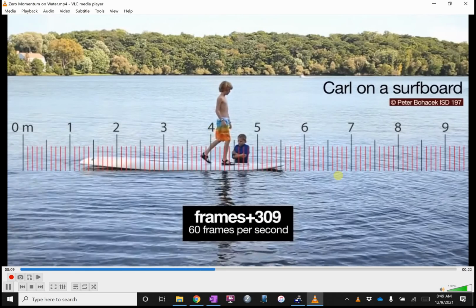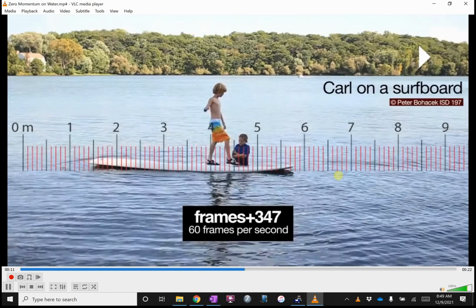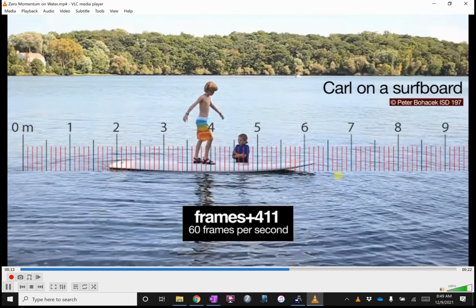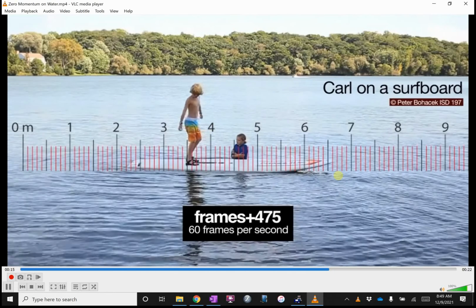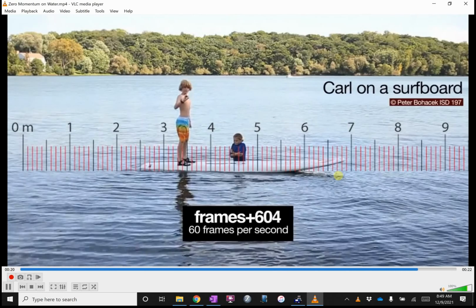Oh, and I think the surfboard has a smaller mass than the boy, so actually the surfboard moved a little faster. Actually, looks like they're about the same because the boy doesn't look like he's moving much at all. These might have almost identical masses and be almost perfectly canceling out. Is that all right?